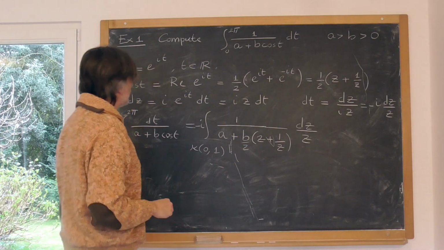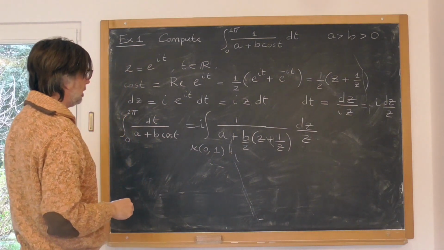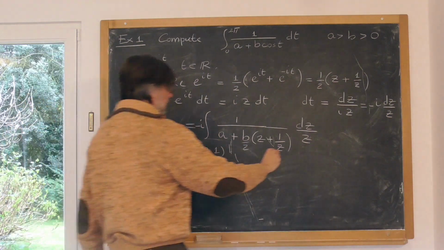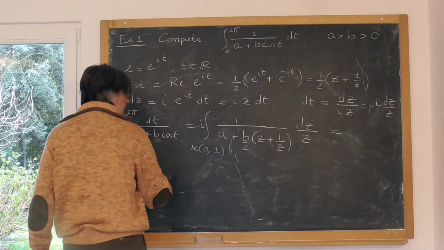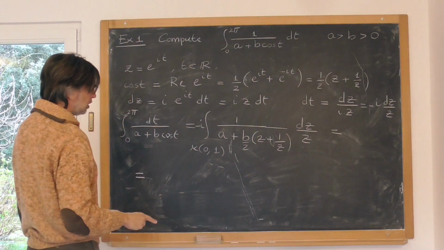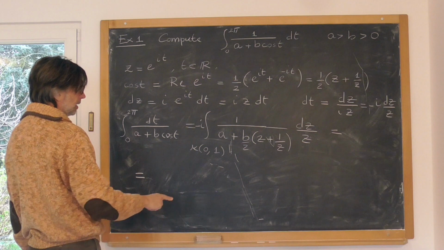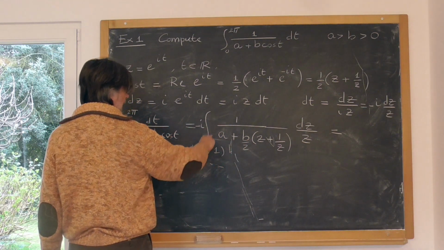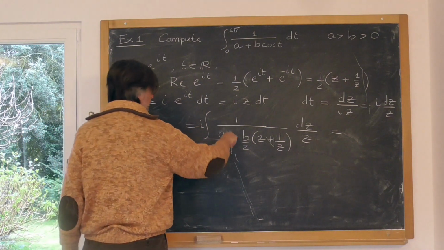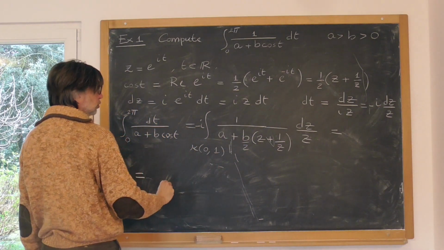Okay, so we have to compute this integral. So maybe we can just manipulate the expression to get a better formula. So we can multiply numerator and denominator by 2.